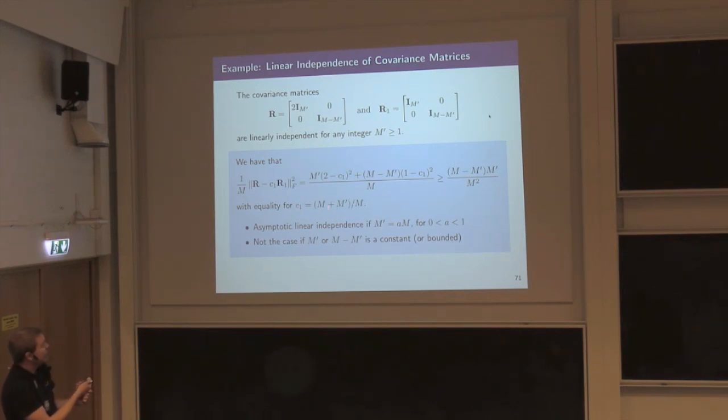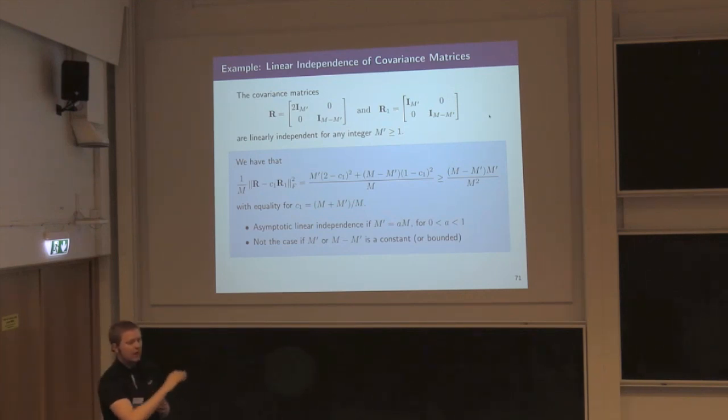The exact values here are not so important, but this is smaller or equal to this expression: m minus m prime times m prime divided by m squared. If m prime is a constant, then this is proportional to 1 over m, so you have m divided by m squared. So in that case, this will go down towards 0 as you add more and more antennas into it. So in that case, we are not asymptotically linearly independent.